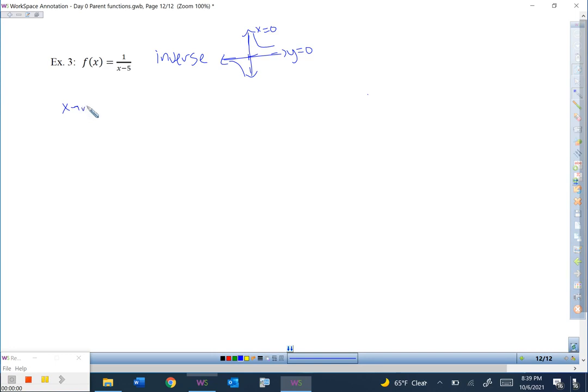So set yourself up here. X-intercept, y-intercept, and the special items are those asymptotes. Okay, we have 2 of them, so we're going to label horizontal asymptote and vertical asymptote.